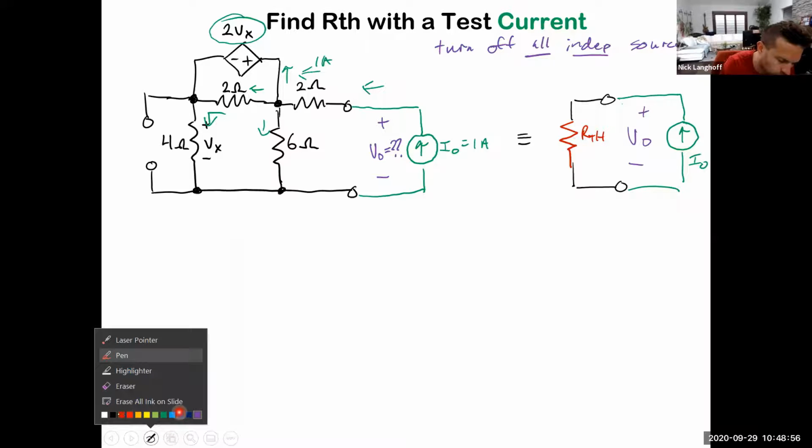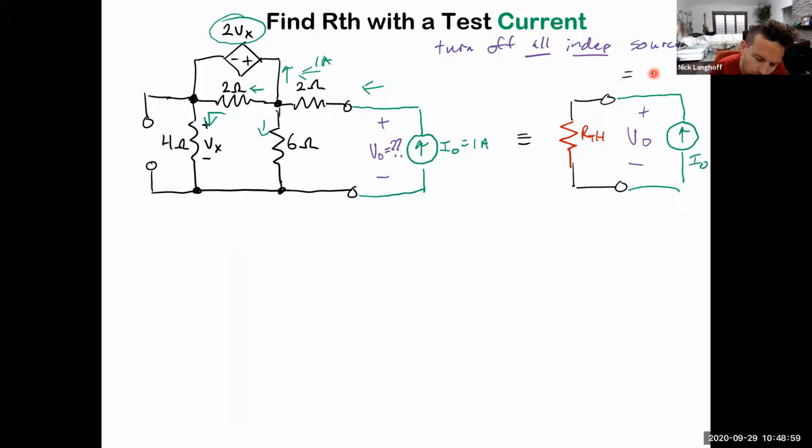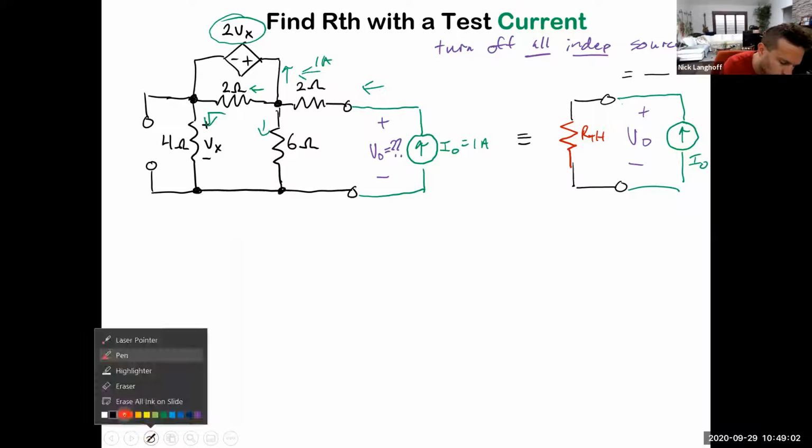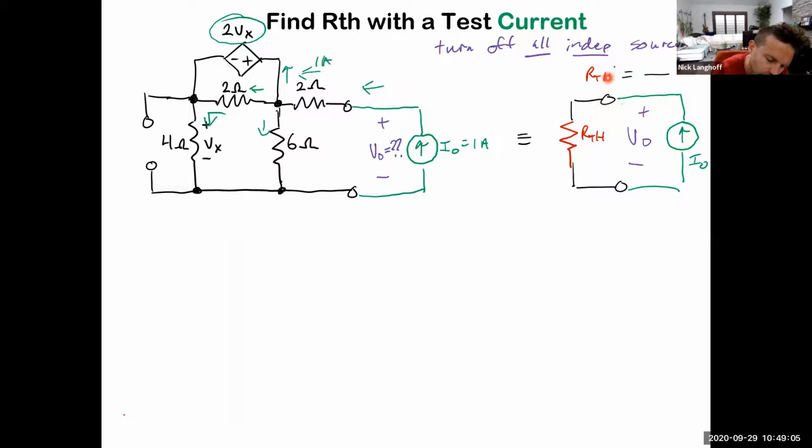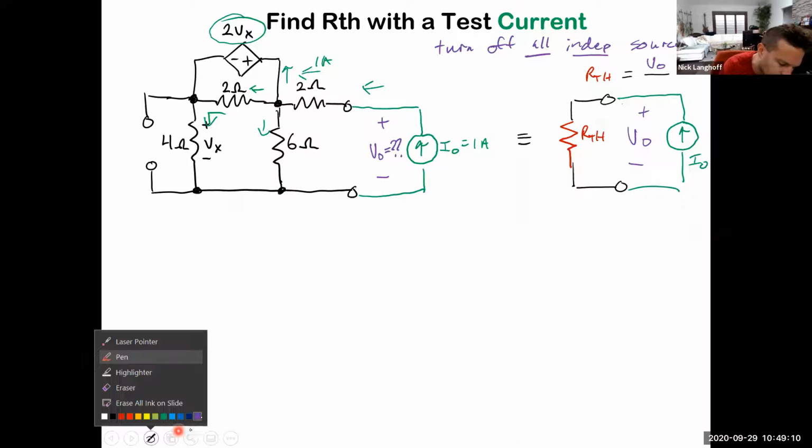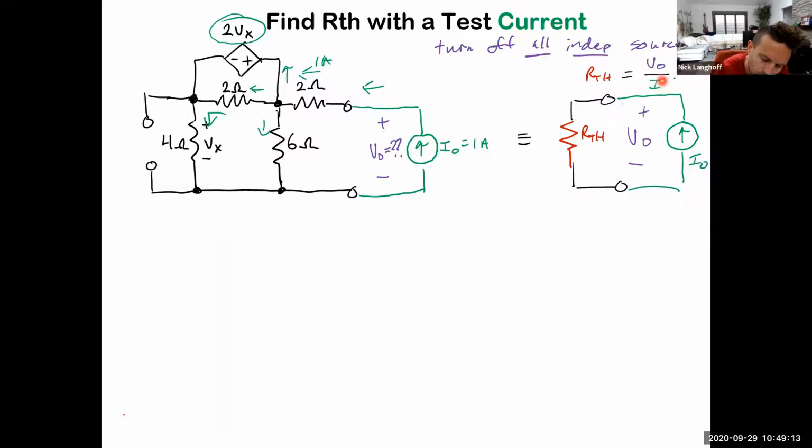And as we wrote last time, the Thevenin resistance, R Thevenin, is equal to the voltage V naught divided by the current I naught. The formula is the same as the last example. The difference here is that we're injecting current into the port and finding the developed voltage across the port, instead of last time, when we connected a voltage across the port and found the resulting current.